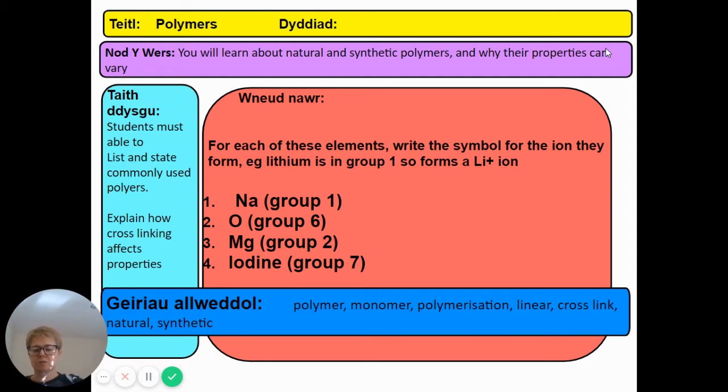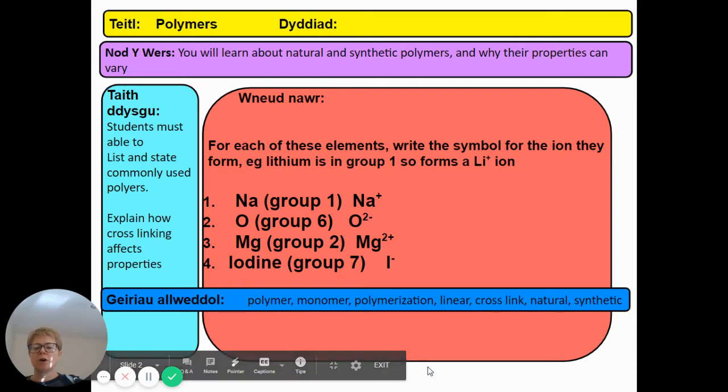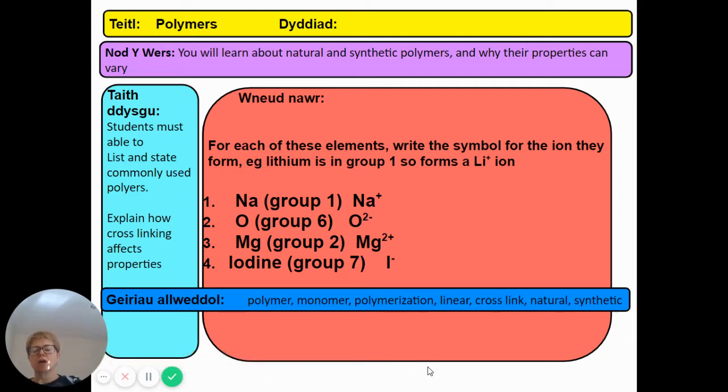I'm now going to go on to the answers to the do now task. So hopefully you remembered group 1 elements lose a negative electron and therefore they form a positive ion with a single positive charge.